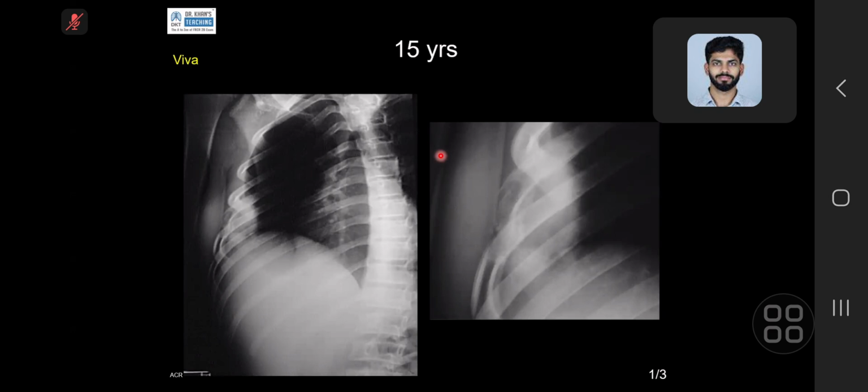I can see some surrounding soft tissue as well.